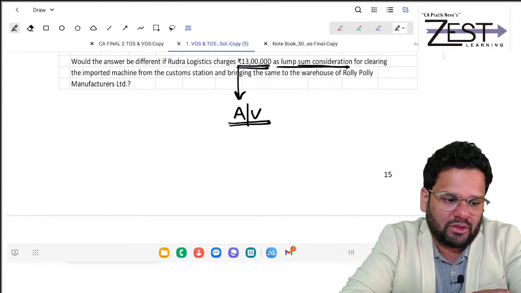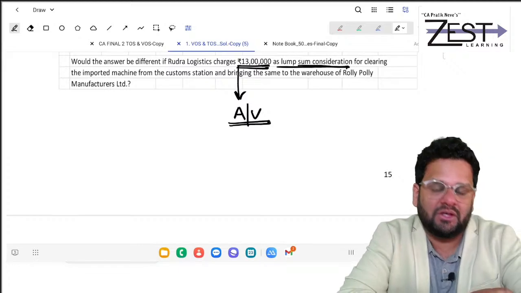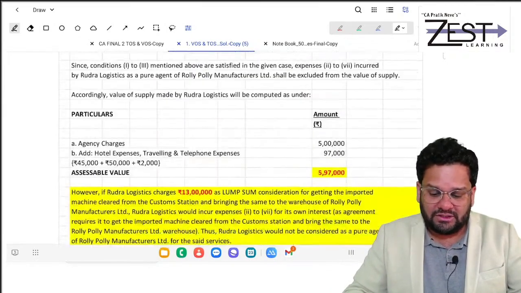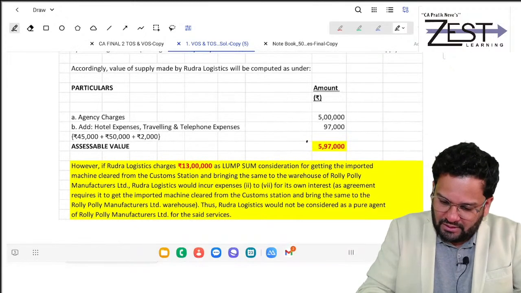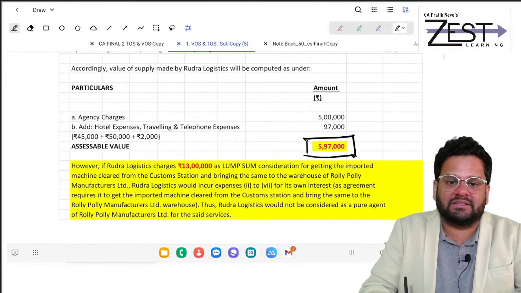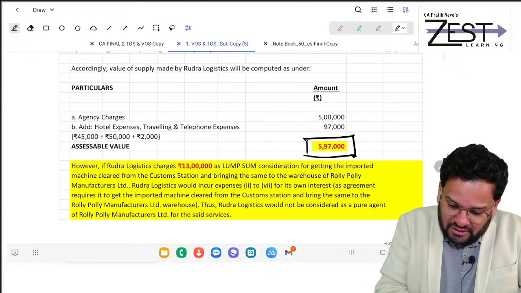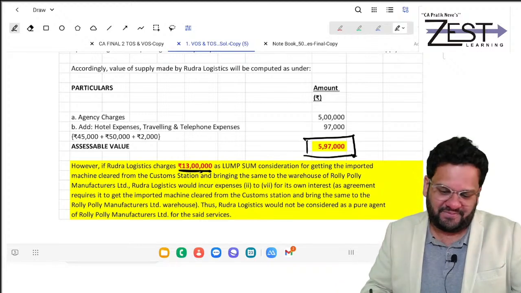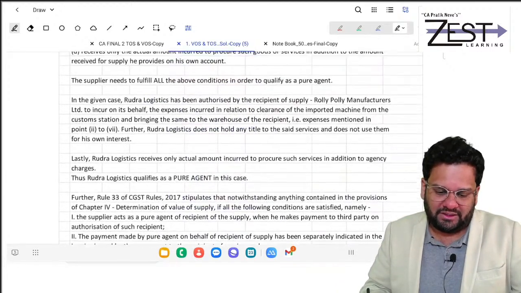No, then you can't exclude that 1 lakh. You have to show the amount which is incurred as pure agent separately. Did you get it? So in first case answer is 5,97,000, in second case answer is 13 lakhs. Did you all understand?